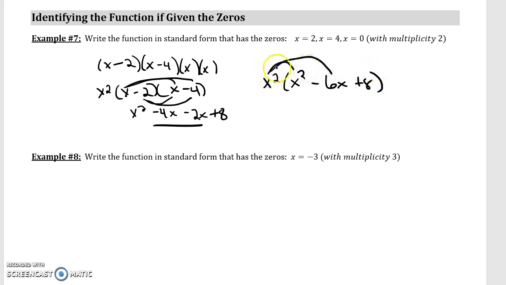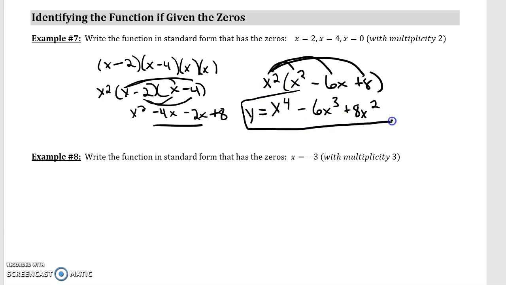Now that x squared is going to get distributed. x to the 4th minus 6x cubed plus 8x squared. And so you would tell me that y equals that equation. So you basically just worked backwards. You started with the answers and you got to what is the equation that would give those answers.